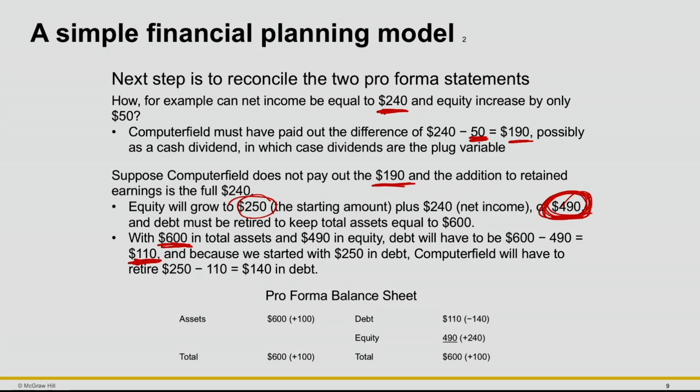So that means we're going to be repaying or paying back to the bondholders 140,000. And that's denoted right down here. So an updated balance sheet would suggest a very different picture. Now, what this has done effectively is to reduce the financial leverage.